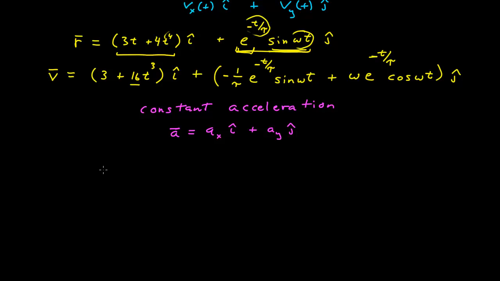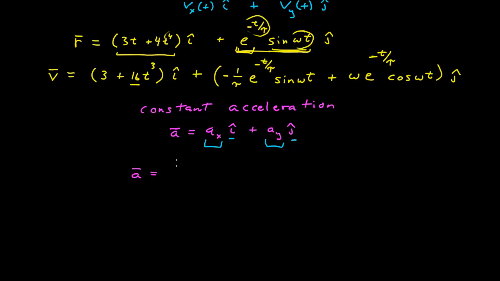Okay, so now if we want to find the velocity, the velocity is going to be the antiderivative of the acceleration, but just like differentiation, it just becomes the antiderivative of each component, keeping them separate along the x and the y axes. So it's just a matter of the one-dimensional case. I just have to do it for both axes separately.